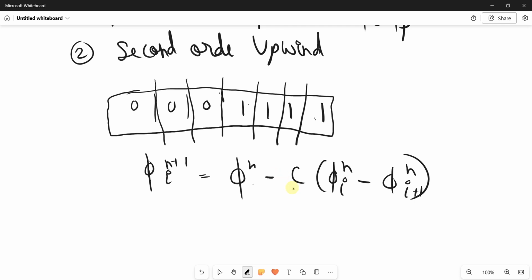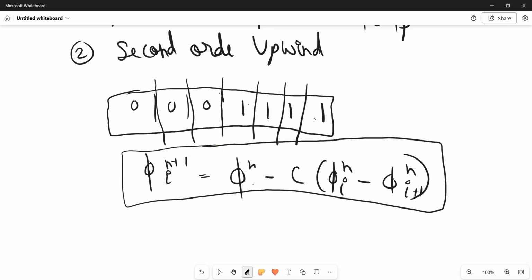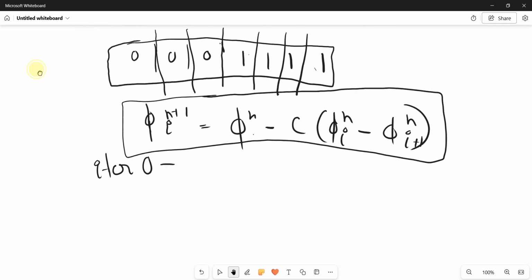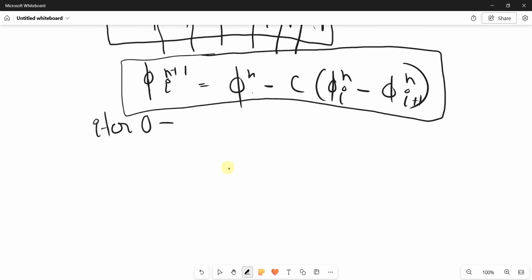So this is the formula that we use to find the value of the parameter for the next iteration. So let's say for iteration 0, the 0th iteration, you have 0 0 0 1 1 1 1. Now let's say your c value. Just before we get into it, I'll tell what c is. Your c is your CFL value.